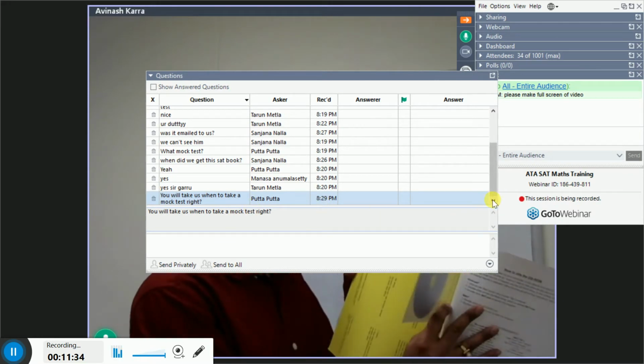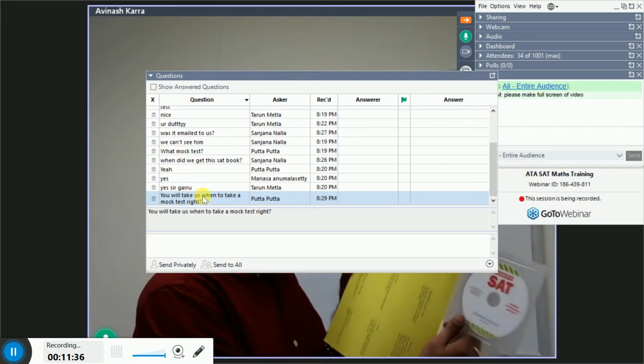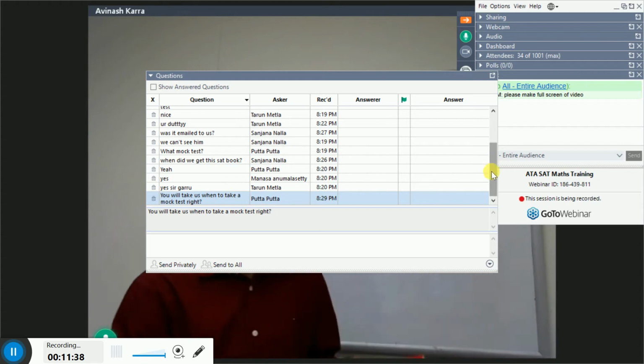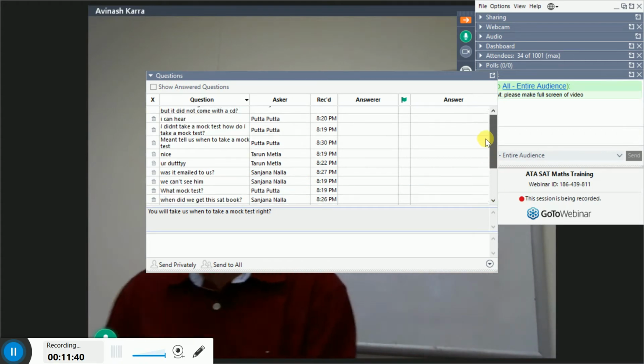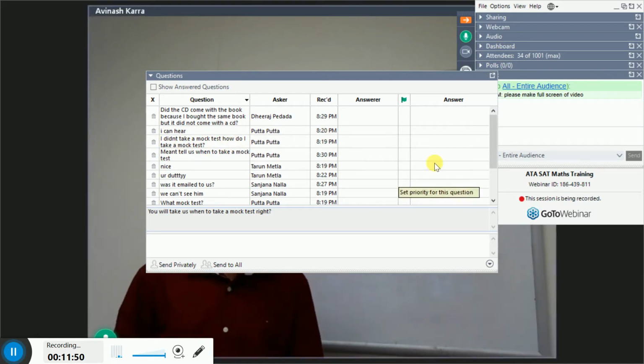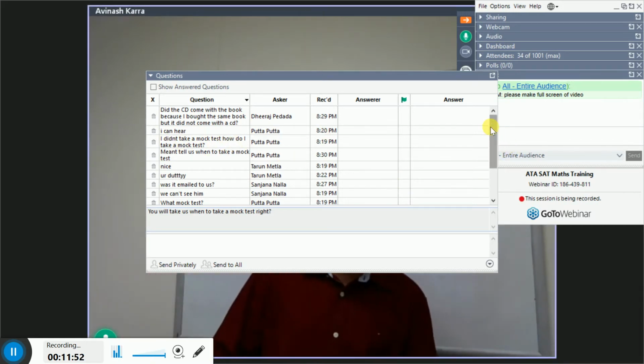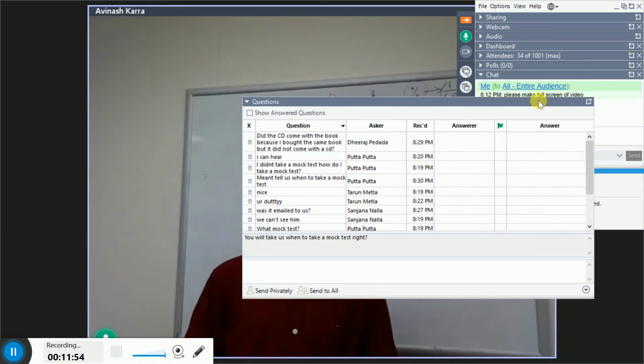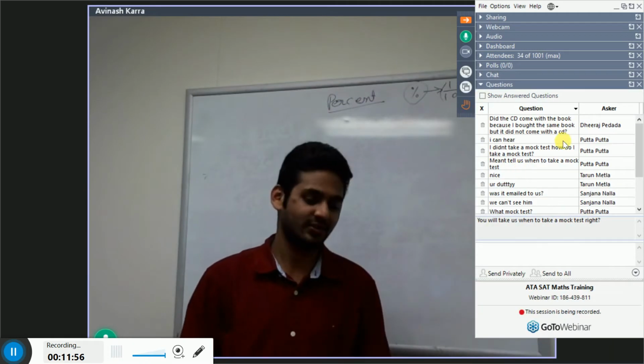This is the CD-ROM. But anyhow, you will have at least 4 mock tests in the book. At least you can go with them first.